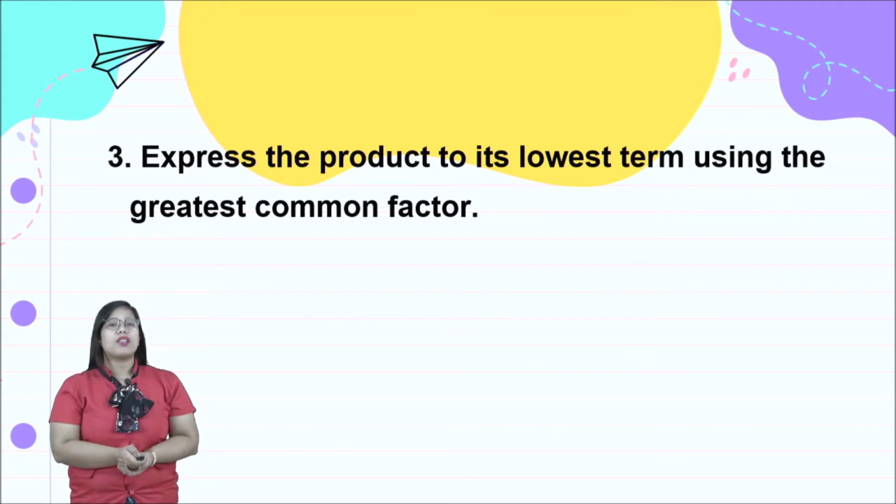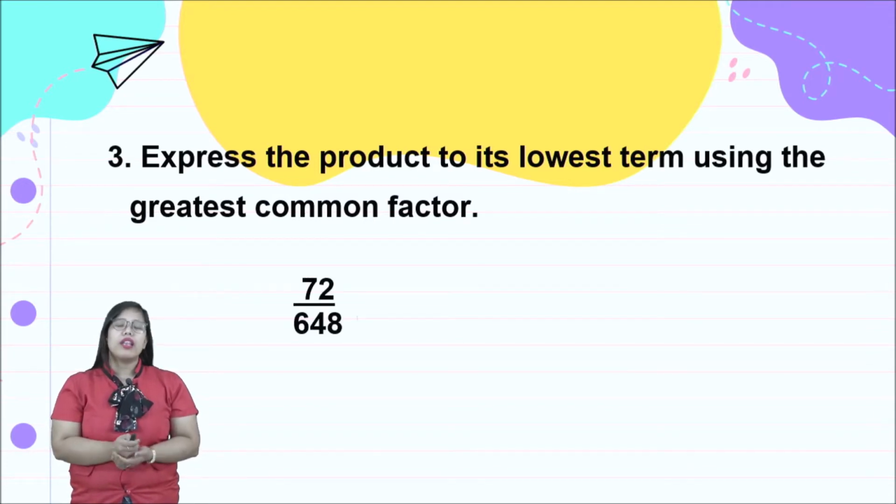The third step is we need to express the product to its lowest term using the GCF, or the greatest common factor. Our answer a while ago is 72 over 648.